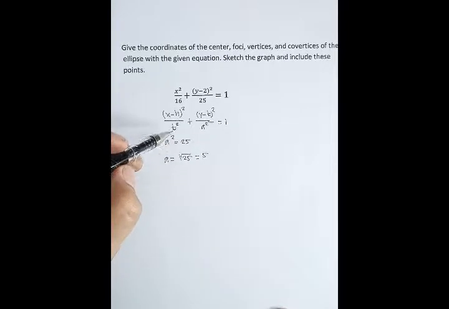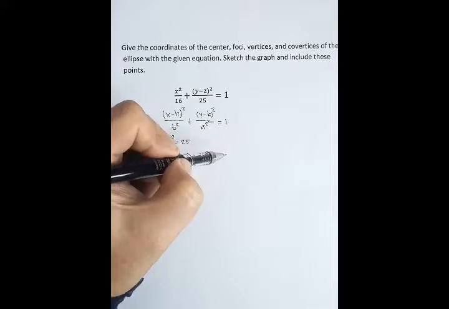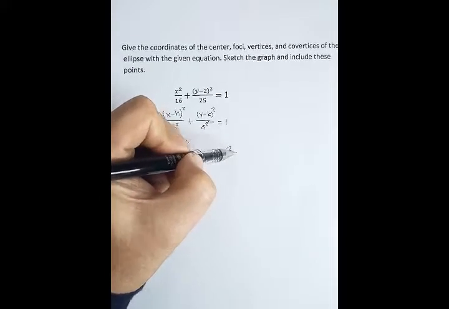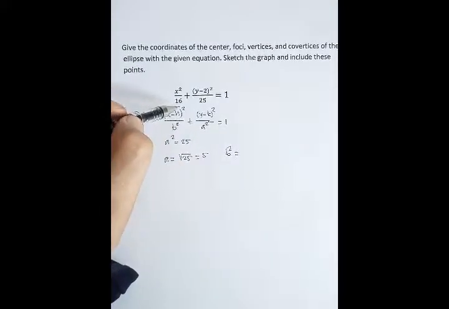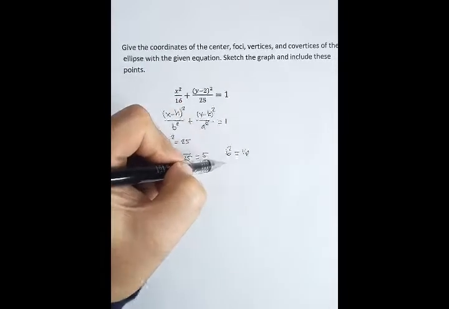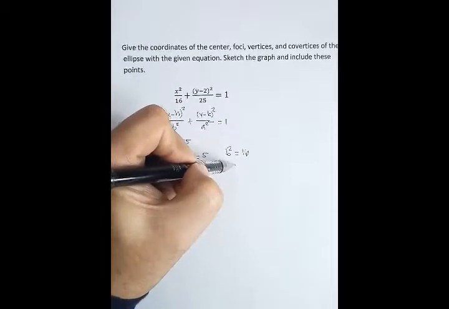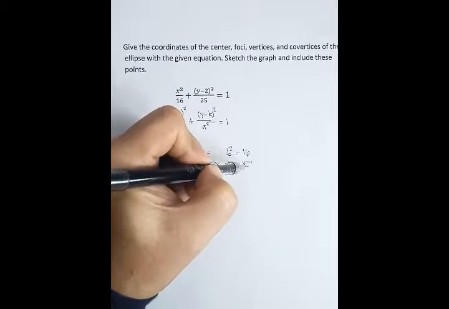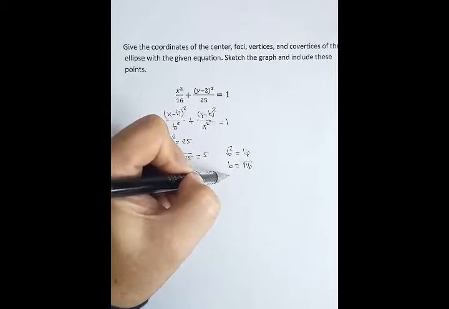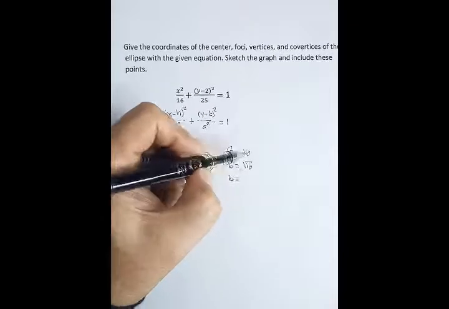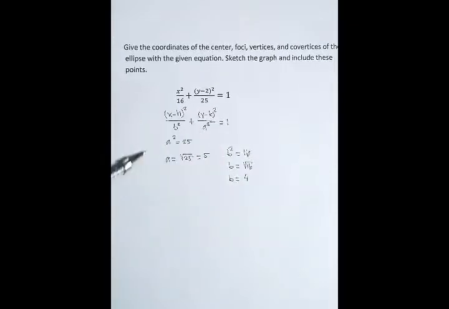And then our b: b squared is equal to 16, so b is equal to the square root of 16. So b is equal to 4.